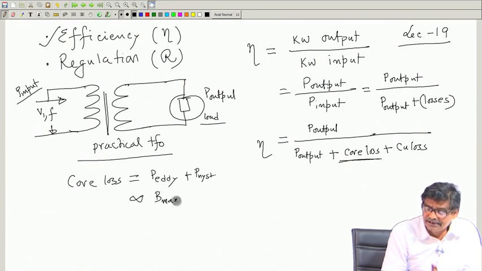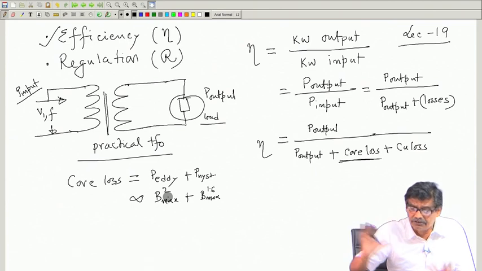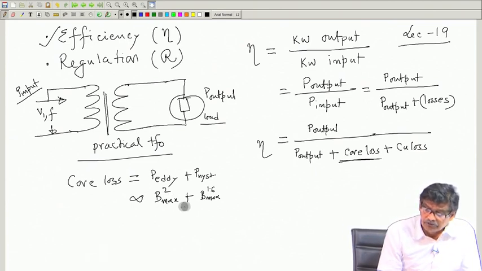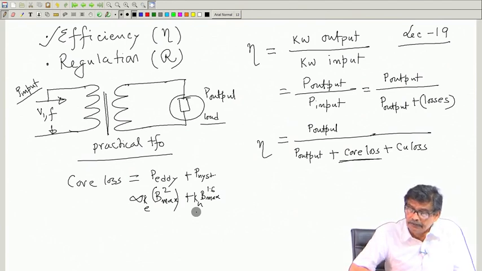One is proportional to B max square, and the other is also B max raised to some power, or in terms of area, proportional to B max. So, core loss will be proportional to these things. Of course, the constants of proportionality will be different. I write K E here, K H here.